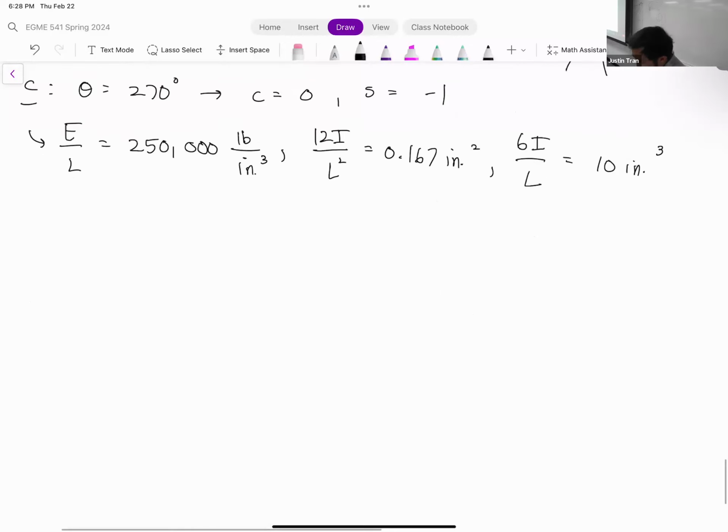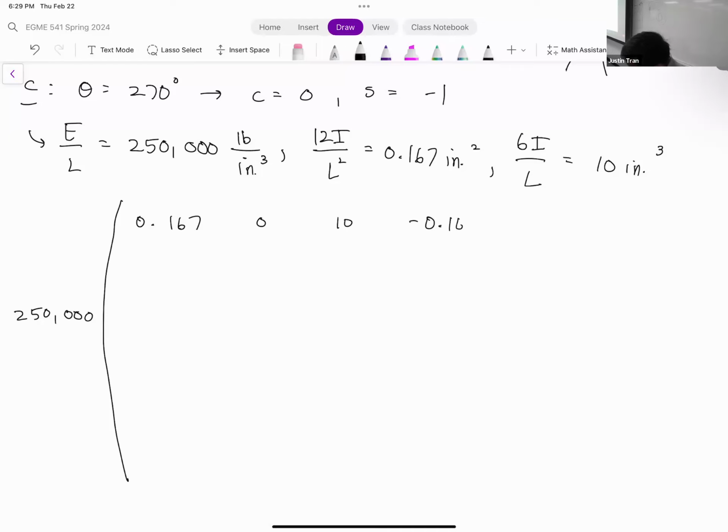Our element stiffness matrix, let's go ahead and plug all of these in. We have our E over L factor in front, that's 250,000. Then the entries in the matrix, we have 0.167, 0, 10, minus 0.167, 0, 10.